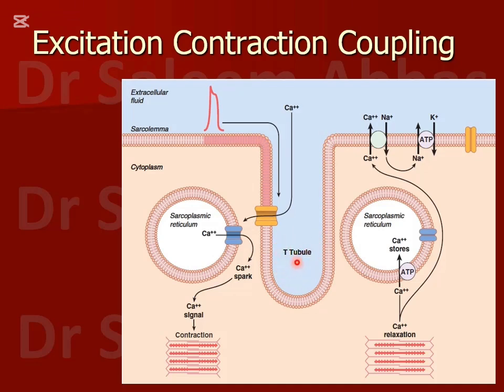Each and every transverse tubule has got two terminal cisterns on either side, and this is known as the triad. Sarcoplasmic reticulum has got a high concentration of calcium inside. So the calcium is stored in the sarcoplasmic reticulum, and you know that the calcium is actively pumped from the cytosol into the sarcoplasmic reticulum and is stored there.